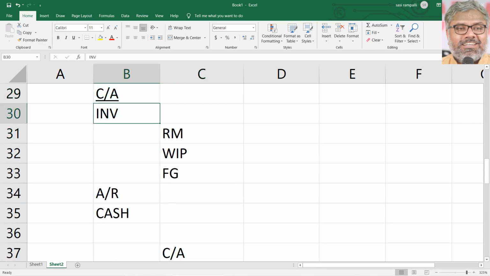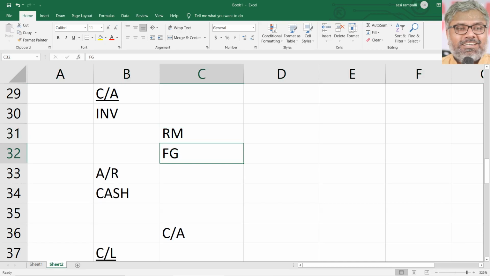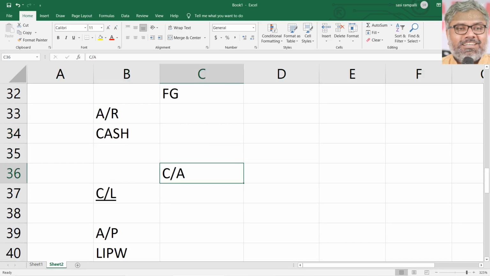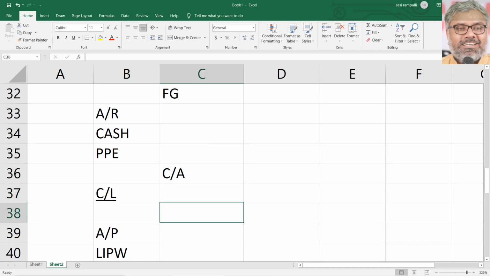But current assets include inventories. Inventories include raw materials. In this case, there is no need of work in progress, so delete that. Raw materials and finished goods inventories only will be there. Accounts receivables, cash is there, total of current assets, and there is also prepaid expenses. That is the total of current assets.